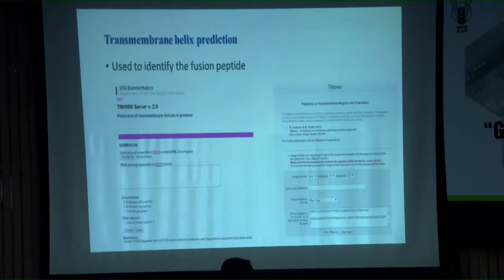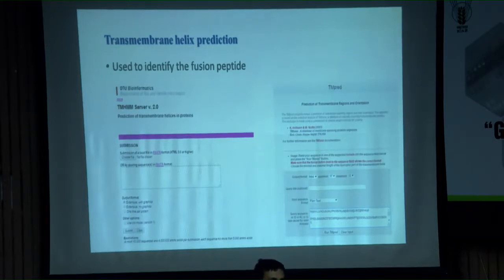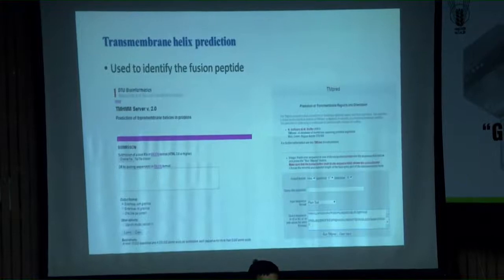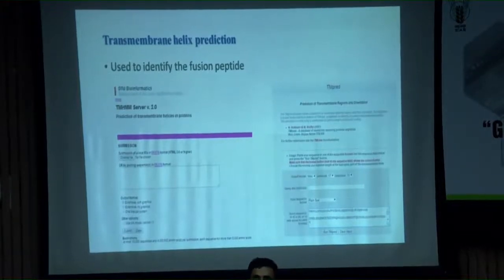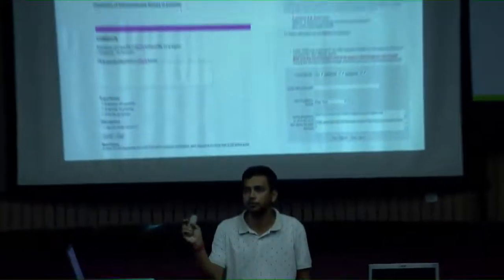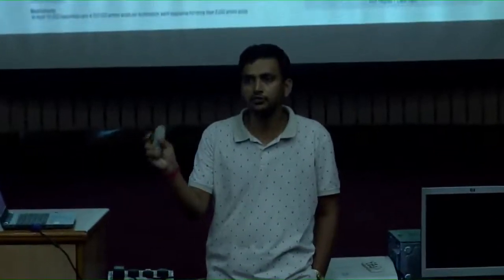This is TMPred and this is TMHMM. You have to put your sequence here and submit it, and they will show you where the transmembrane domains are. This algorithm basically works on the hydrophobic nature of the transmembrane domain, because these domains are always hydrophobic. They search for hydrophobic domains and predict that these may be the transmembrane units of the protein.